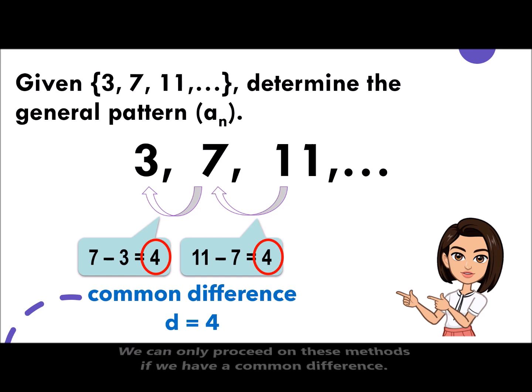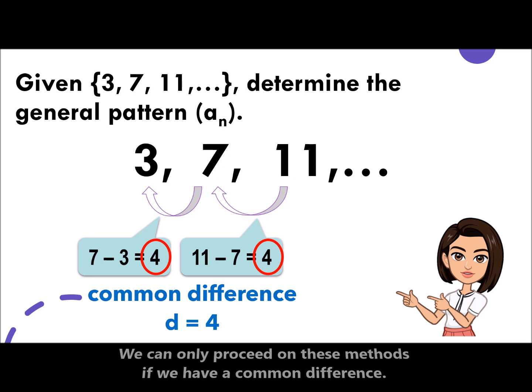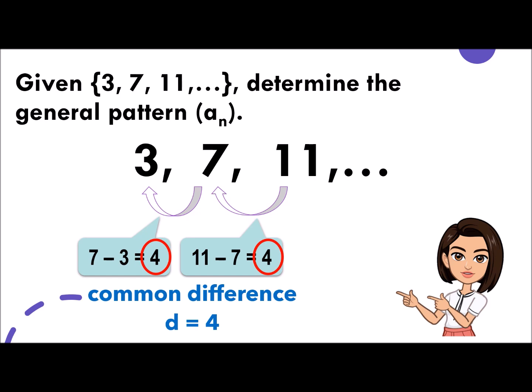So we can only proceed on these two methods if and only if we have a common difference. So if not, we cannot proceed on the process. So take note of that. So let's now start our first method, okay, which is by inspection.